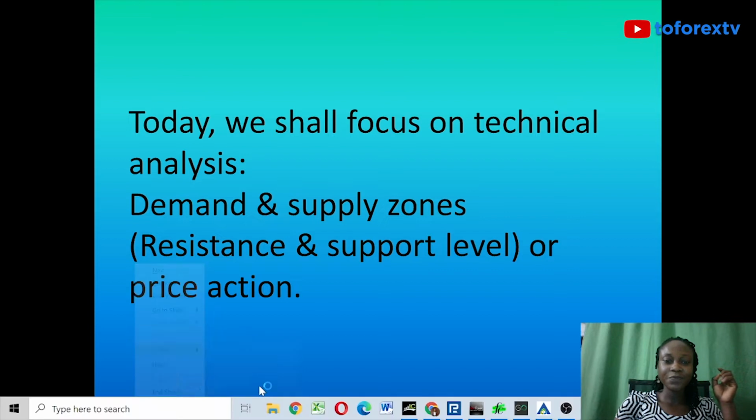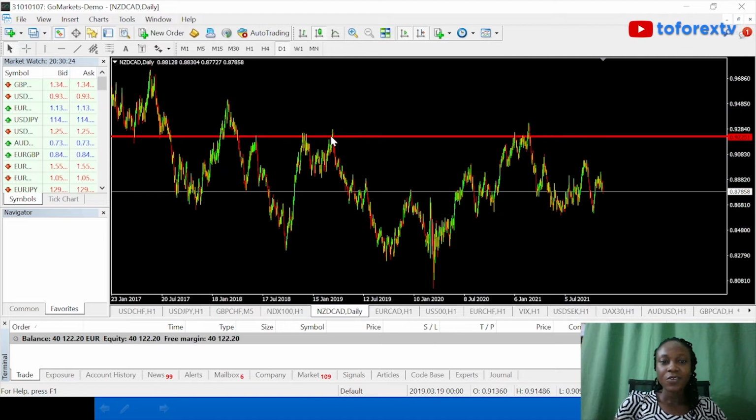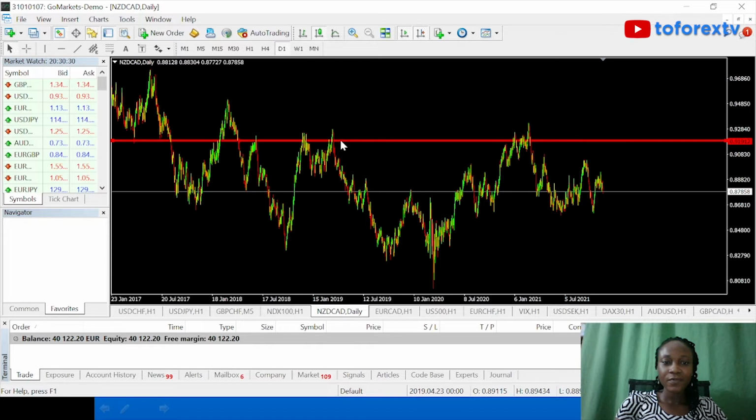For example, all right, I have the MT4 platform here, which I'm going to make use of my horizontal line to identify our resistance level, and pick another one to identify our support level.